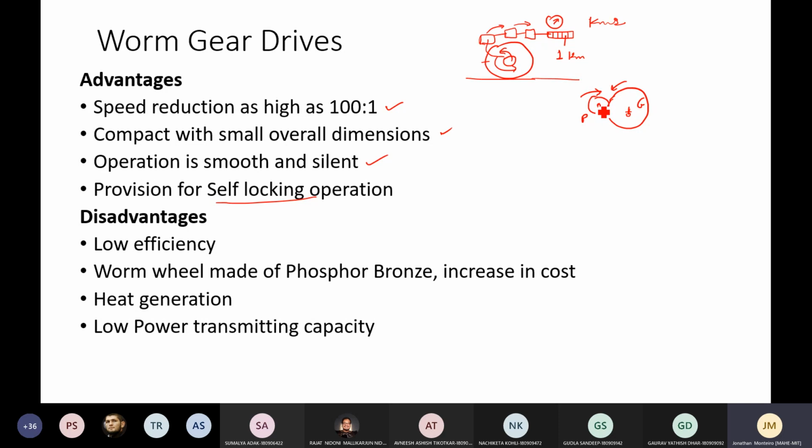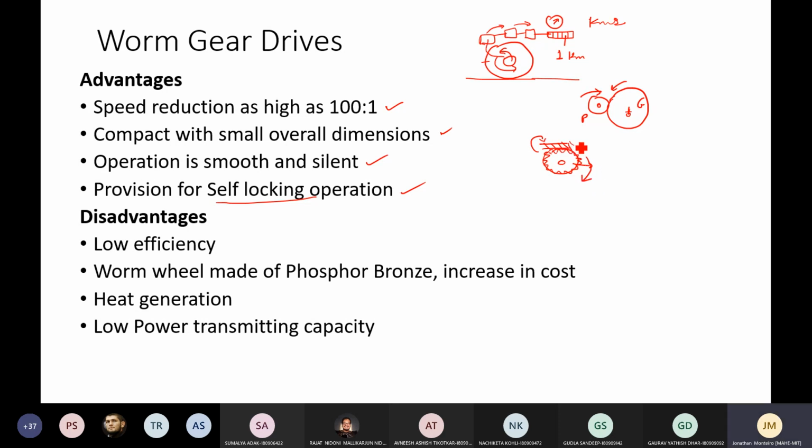But in the case of worm gear, we know that the axes are different, and the entire mechanism comes to be different. So this is the arrangement, and the worm will rotate, and only then the worm wheel will rotate. Only then this will start rotating.